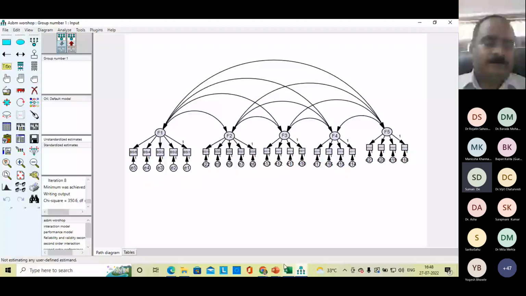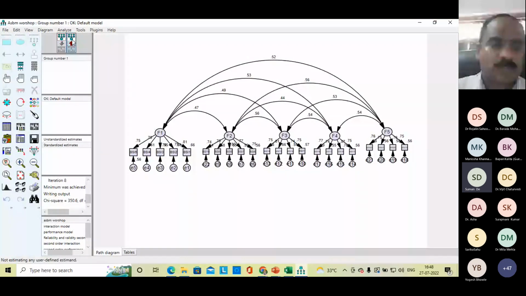So I will go to the validity and reliability now. I hope till now the basic operation everybody knows. Again, I will calculate in order to show you the measurement values. The same measurement values are there in an output screen.